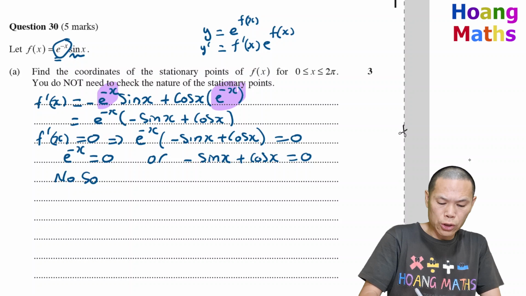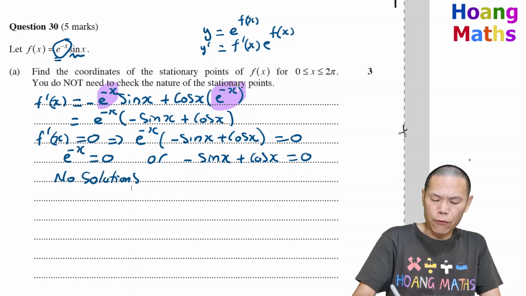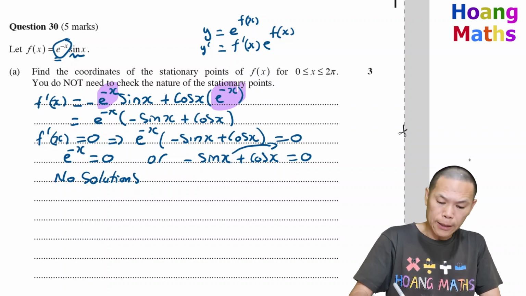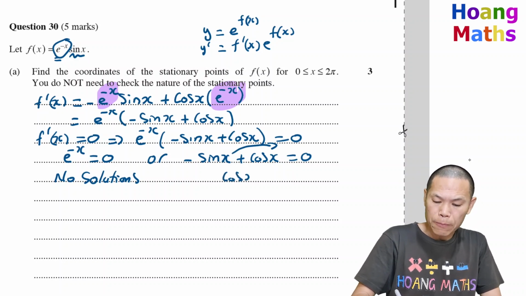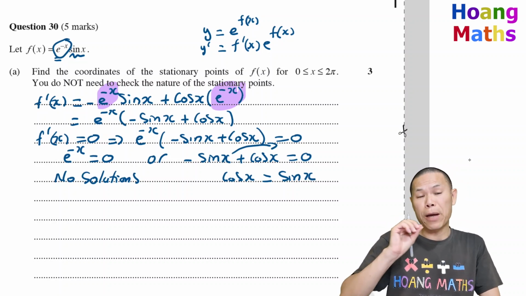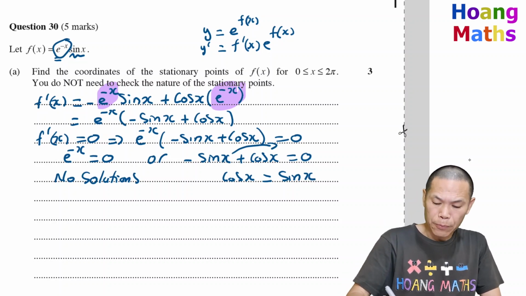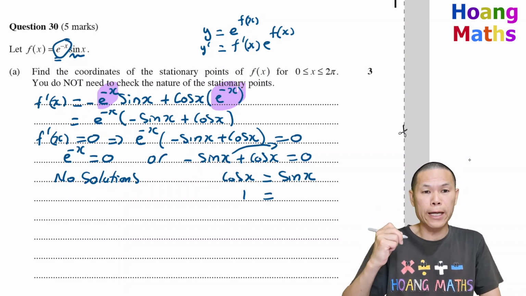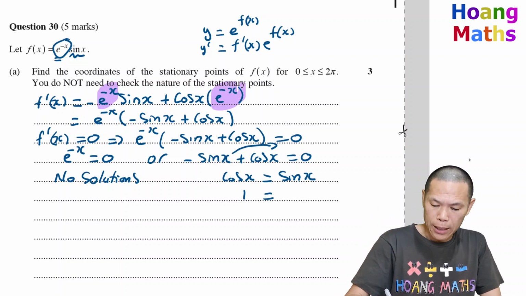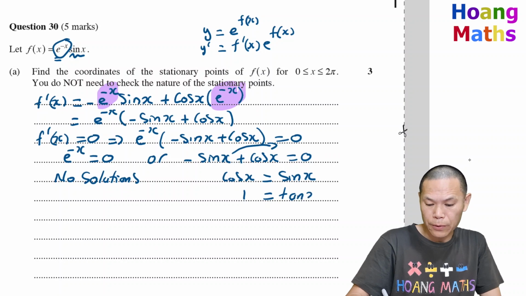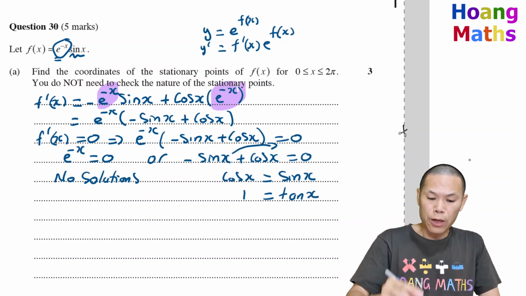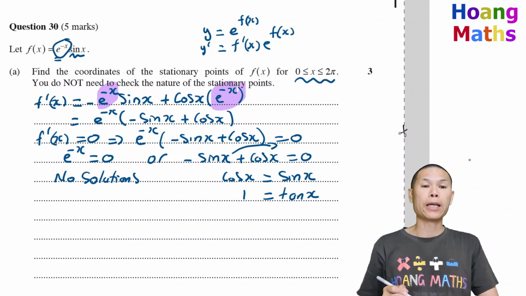For this, I can move the negative sine x to the other side, so cos x is equal to sine x. If I divide both sides by cos x, 1 is equal to sine x over cos x, which gives tan of x. So now we just need to solve tan x is equal to 1 within this domain here. Keep that in mind.